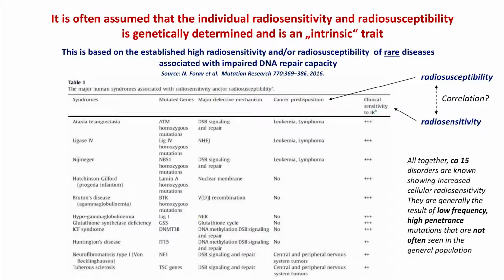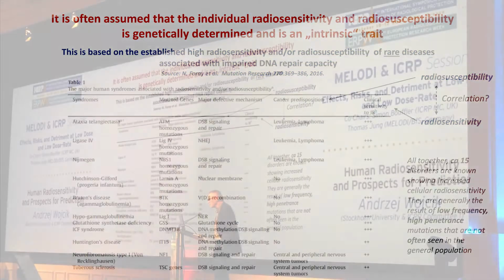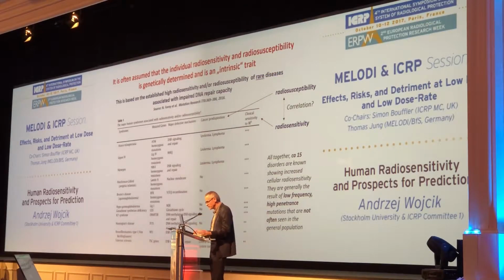Now, I think most of us assume that high radiosensitivity and radiosusceptibility, now I cover both, is an intrinsic trait. So I am intrinsically radiosensitive, or I am intrinsically radioresistant.